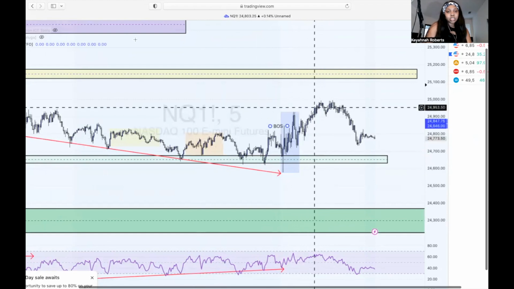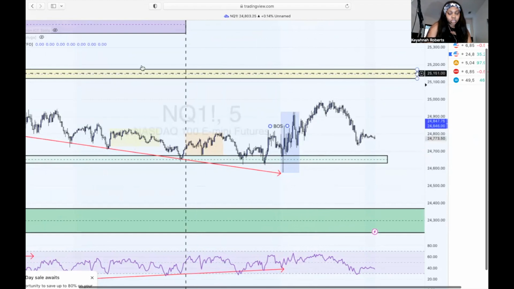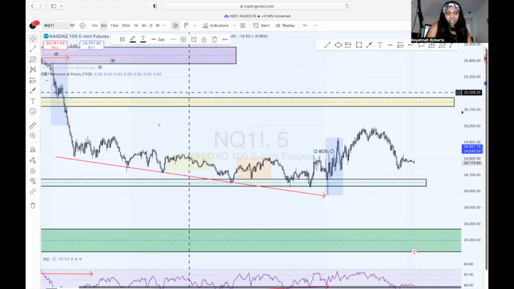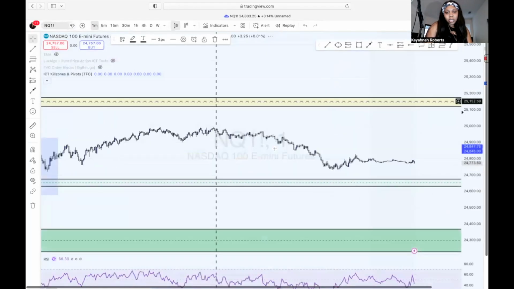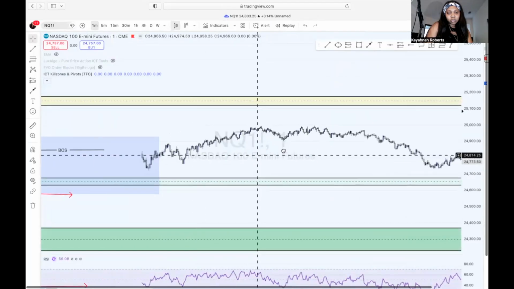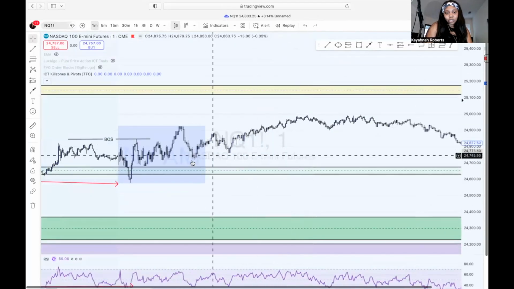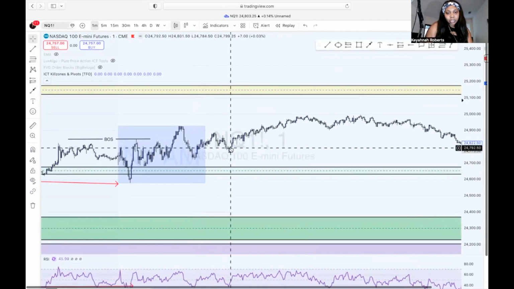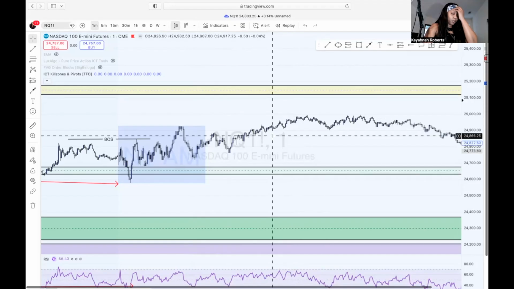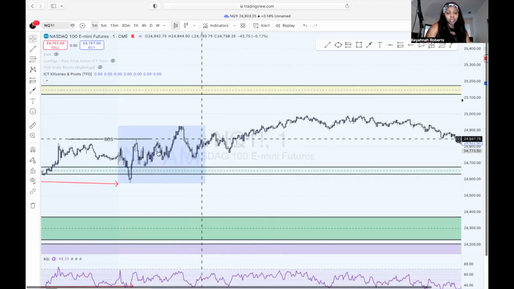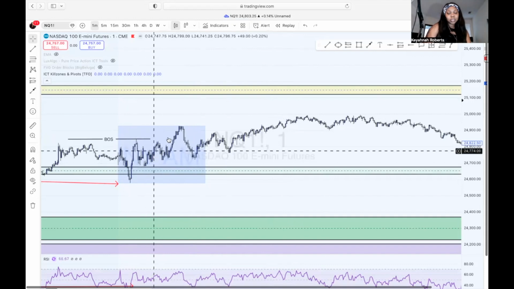I was just going to take it up, not all the way to the top yet, but it just wasn't given for me, so I didn't enter. If you decided to take this, you could have entered once you got some momentum to the upside, and you could have rolled that for a quick little trade. But for me, nah, I didn't enter off this. It wasn't giving what it needs to give. Let's just put it that way.